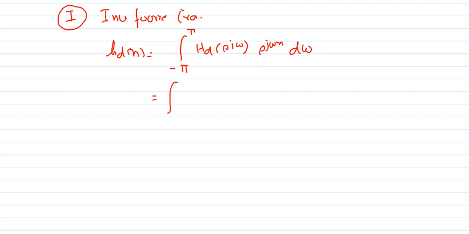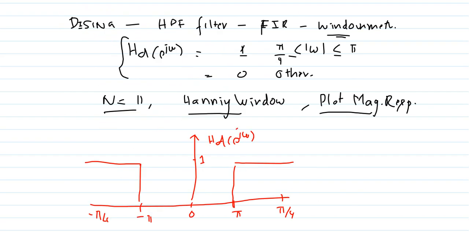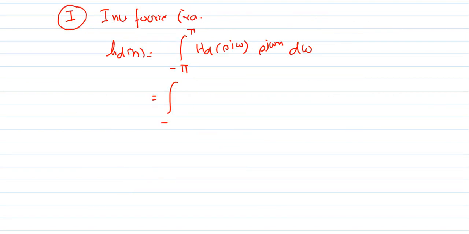For our case the range extends from minus pi to minus pi by 4. Sorry, I put it in reverse, minus pi to minus pi by 4, HD of e power j omega is 1, e power j omega n d omega, plus pi by 4 to pi, it is again 1, e power j omega n d omega.